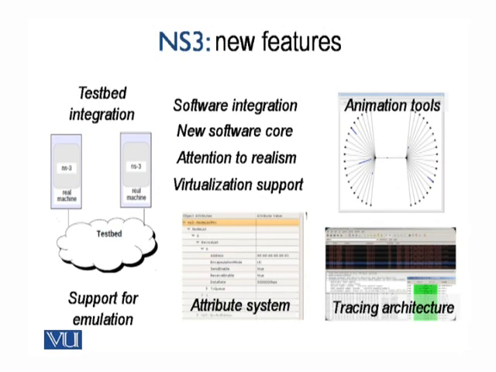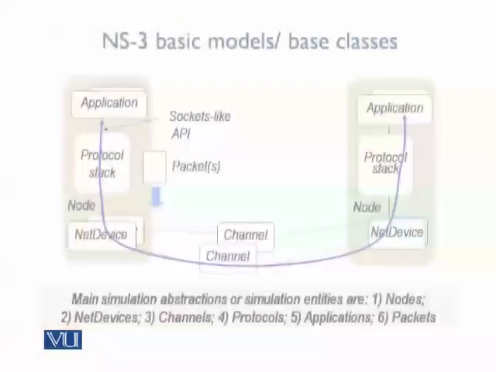And the good thing about NS3 is that it allows us to print traces in many formats. It also allows us to print a trace file in the PCAP format, which can then be analyzed using common software like Wireshark and other similar software that can work with PCAP file format.